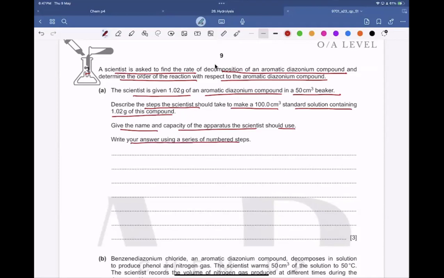So that is the same thing that you do in the lab. The total volume that you need to prepare is 100 centimeter cube.